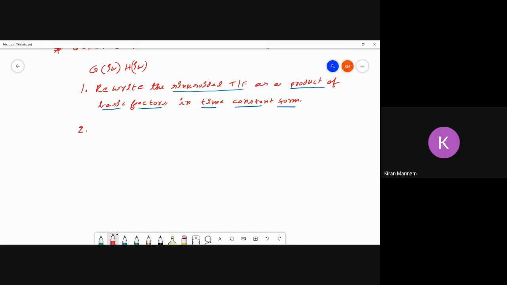Identify the corner frequencies associated with each one of these basic factors. Very simple step.